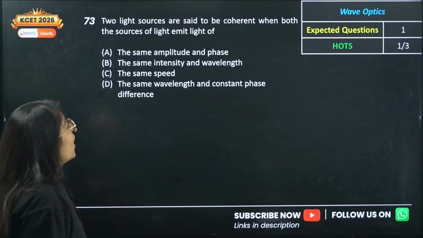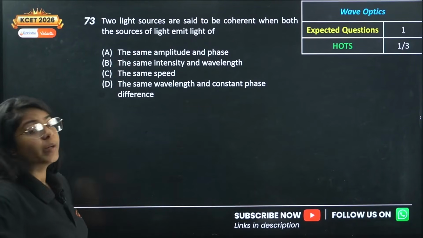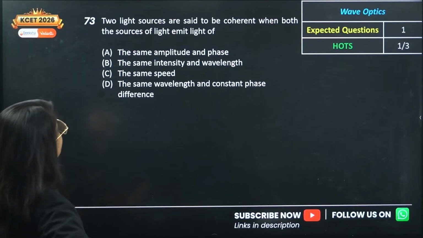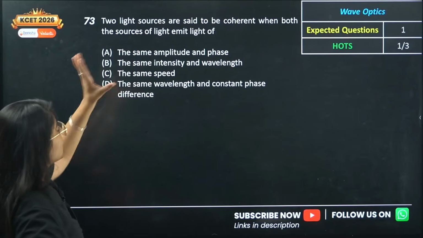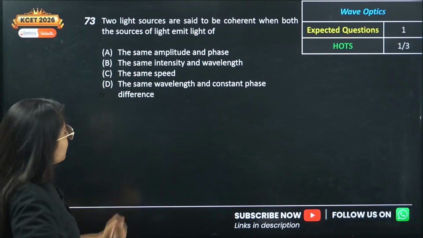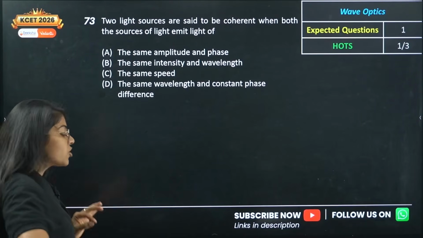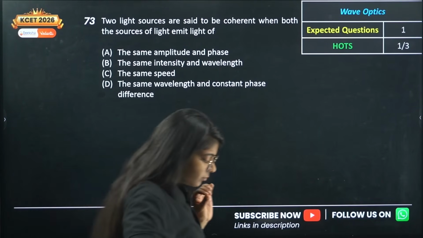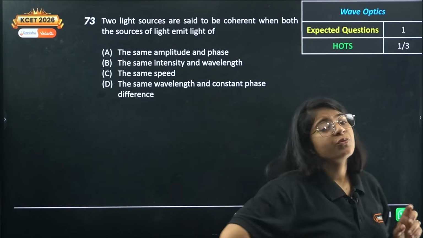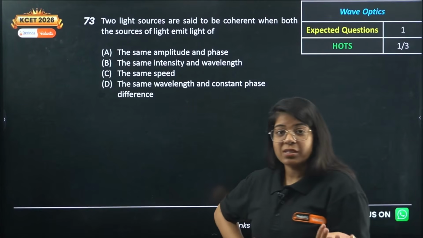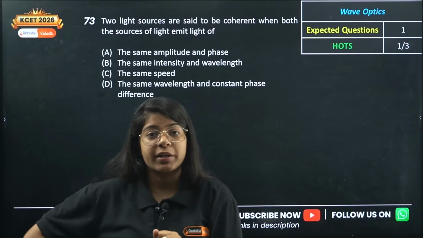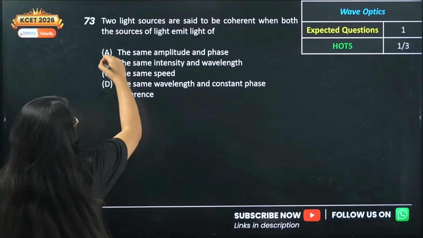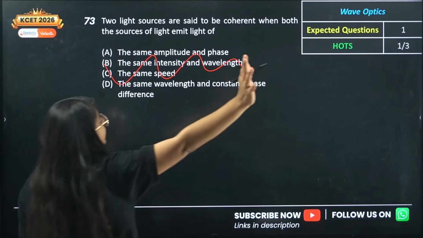Okay. So two light sources are said to be coherent when both the sources of light emit light of same amplitude and phase, same intensity and wavelength, same speed, same wavelength and constant phase difference. Now, we know for interference, coherent sources are very important, and for coherent sources, phase difference is very important. So these two options will cancel out because they don't have any phase.